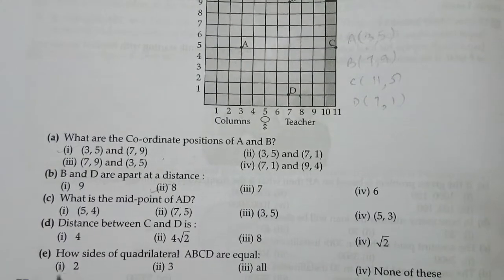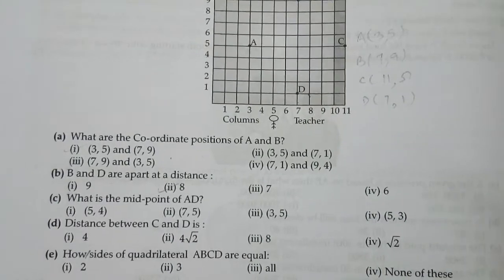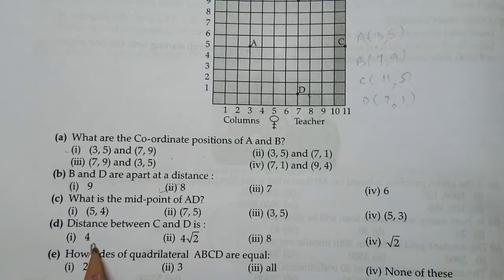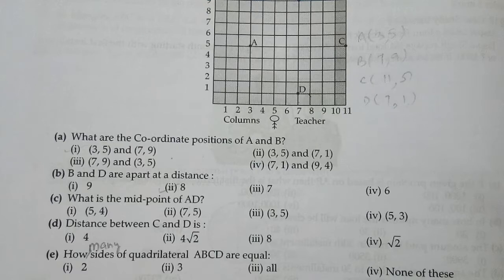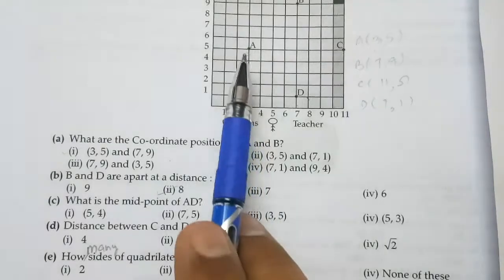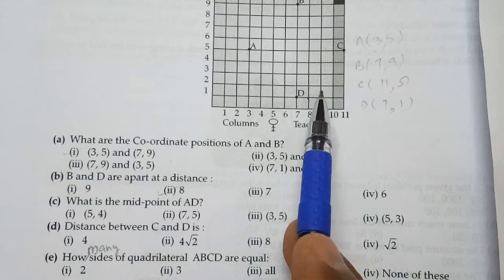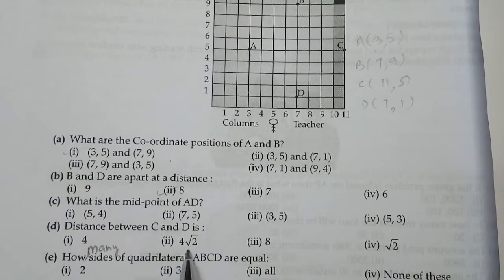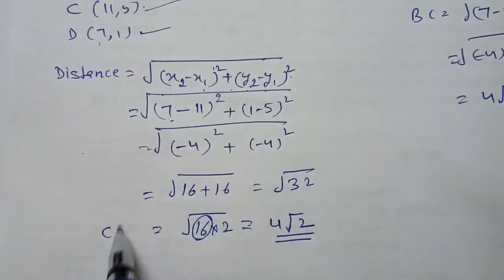Last is how many sides of quadrilateral ABCD are equal. Let us check how many sides are equal. For quadrilateral ABCD, we have already calculated CD, which equals 4 root 2.